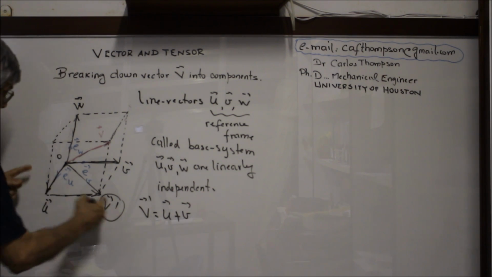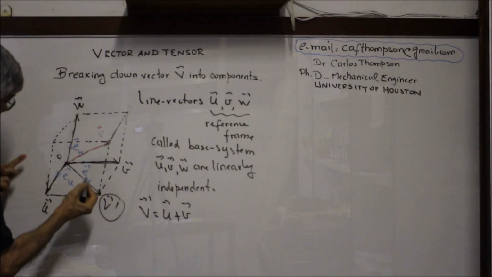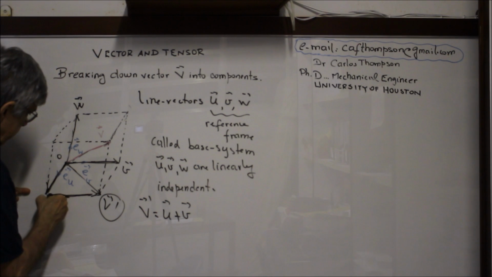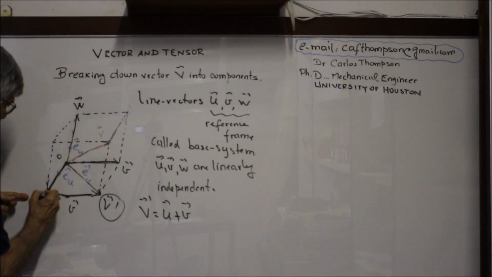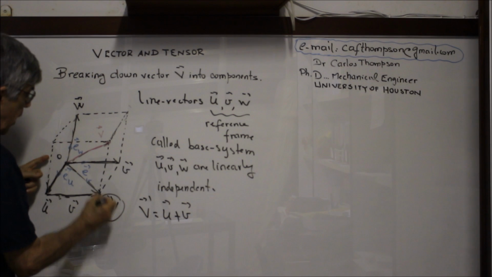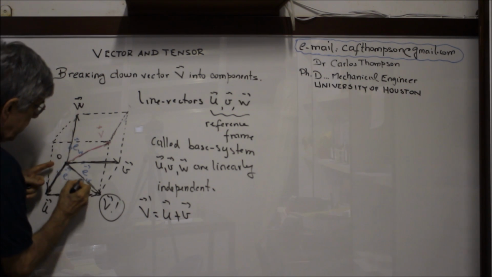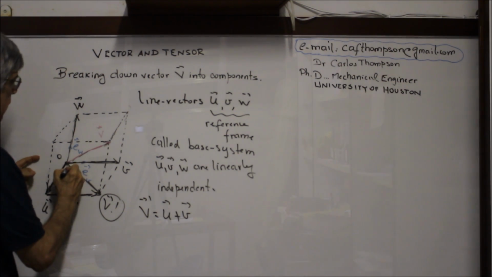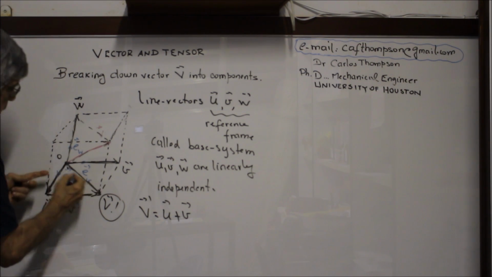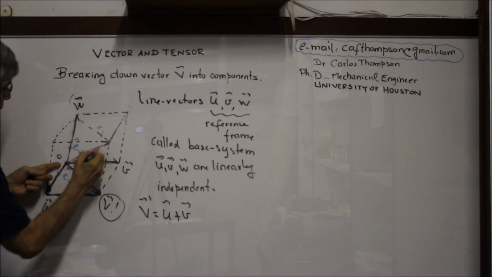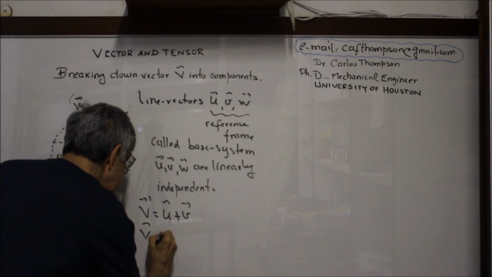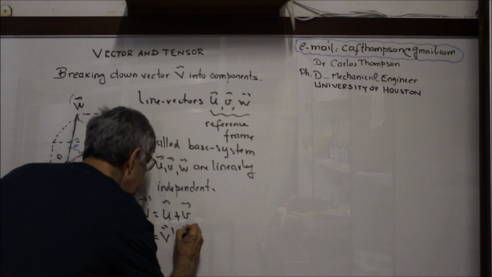Now, let's look at v prime and w. Here's a parallel here. v prime plus w is equal to capital V here.